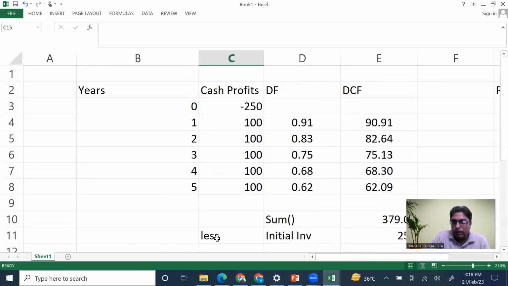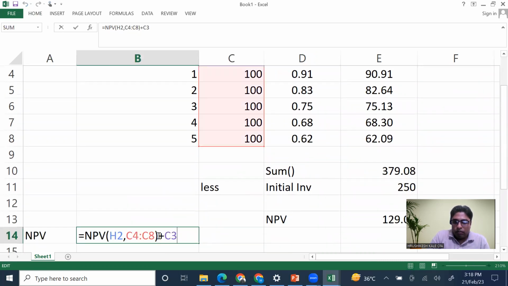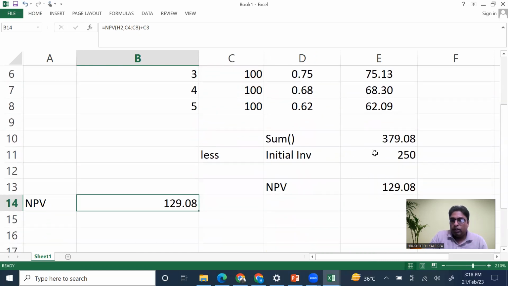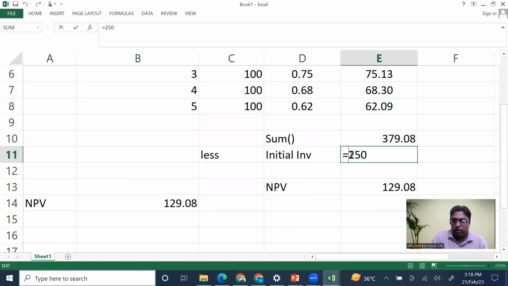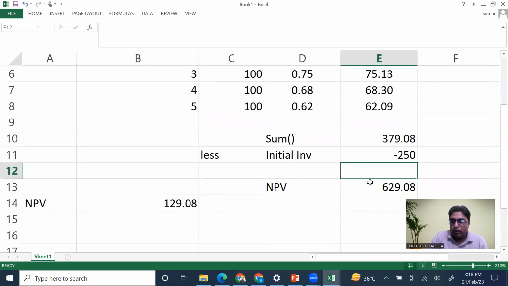Now, always remember this. Look what I have done. I did plus C3 because C3 is already in minus. Here also, if C3 is in minus, then you need to do addition, and then your answer will be correct.